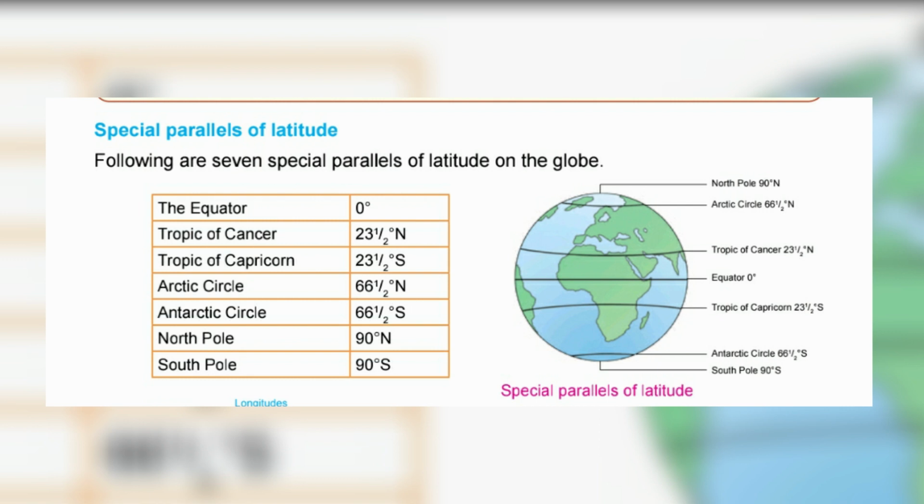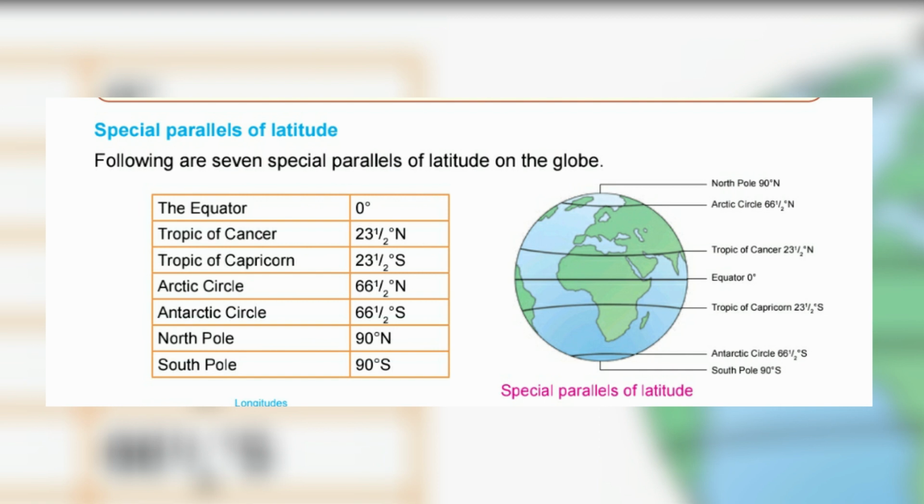Next, special parallels of latitude. Following are 7 parallels of latitude on the globe. As you can see in the table, page number 188, along with the globe's picture, special parallels of latitude.